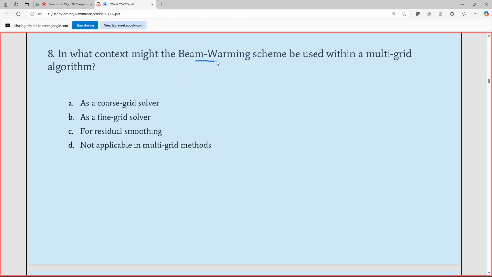So if we are using beam warming scheme in a multi-grid algorithm, then which grid should be solved by beam warming method?